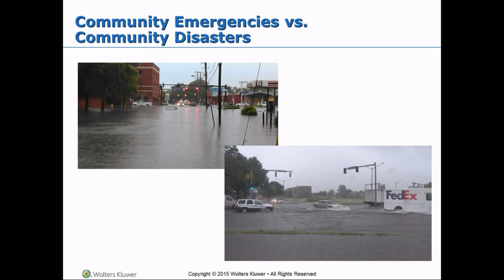This example demonstrates the difference between a community emergency and a community disaster. Community disasters are events that exceed the community's local capacity to manage them. There is no other health issue that has the potential to impact the total community, including the nurses who live in that community, than a disaster.